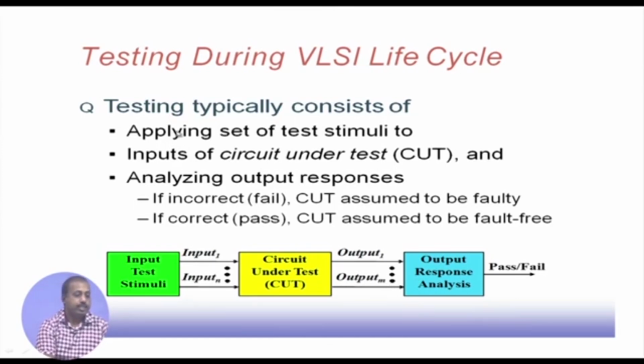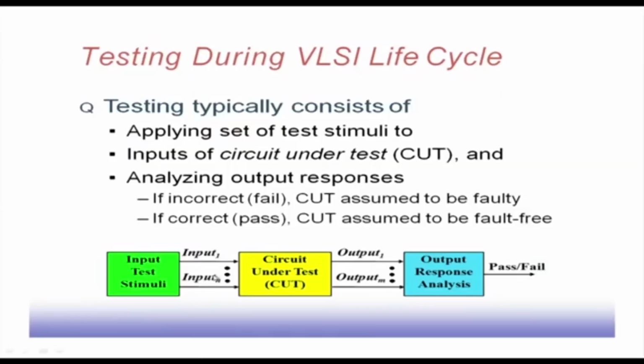This testing typically consists of applying a set of test stimuli. This circuit may have several types of faults in it, so a single input stimulus may not be sufficient for checking all of them. It may be that one stimulus can excite only say 2 or 3 faults in the circuit.